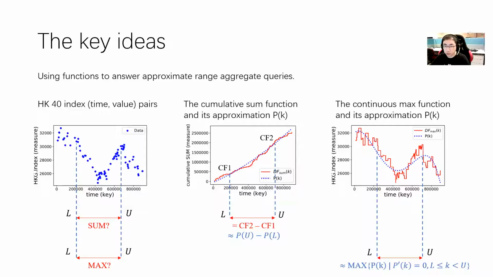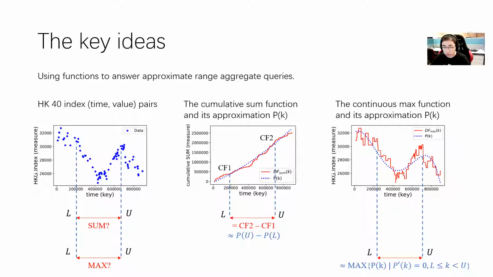So let's consider this example. Here we have a financial index called the Hong Kong 40 index, which is given in the form of time value pairs. Then to answer a range sum query, we can simply generate its cumulative function, then use subtraction to retrieve the range sum. However, since the cumulative function has the same number of pieces as the original time value pairs, it may not be very efficient.